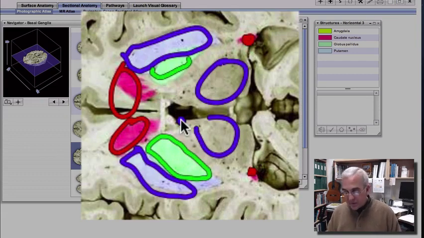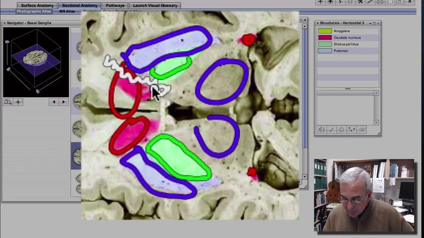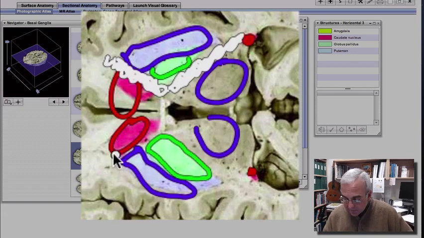Okay, now I realize it's a bit difficult to appreciate the internal capsule here, but this is an important view of the internal capsule. It's running between the head of the caudate nucleus and the putamen and the globus pallidus, and it's also separating the globus pallidus, the putamen, and the thalamus. And you'll notice how I'm highlighting this internal capsule here.